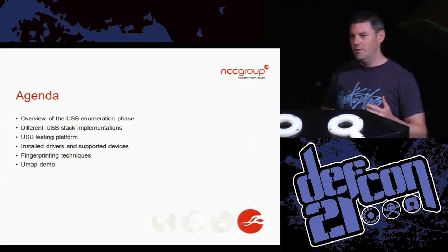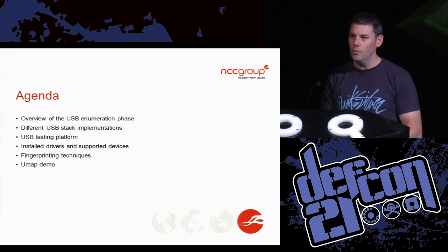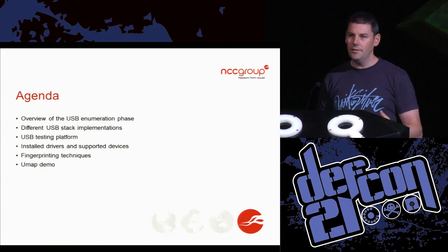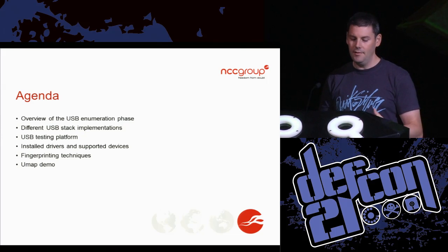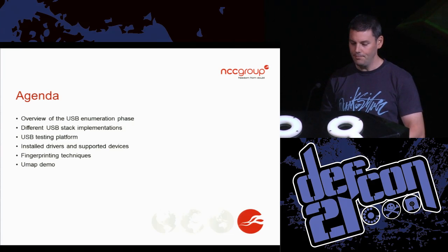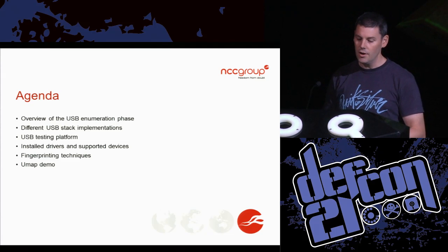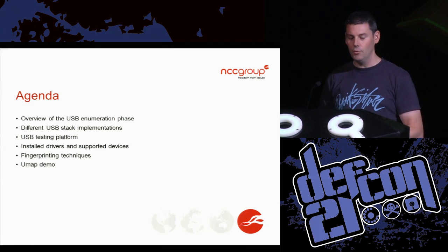Okay, so the general thrust of what I'm going to be talking about is, let's say you've got a device that you want to assess the security of via USB. So you want to identify any vulnerabilities in the USB drivers at all the different levels in the USB stack.